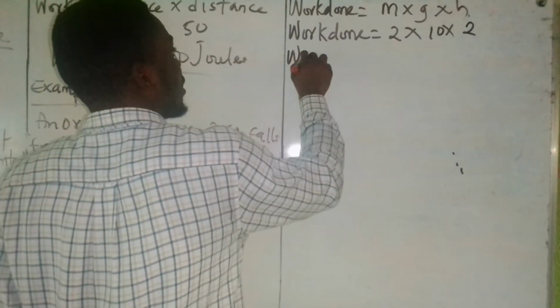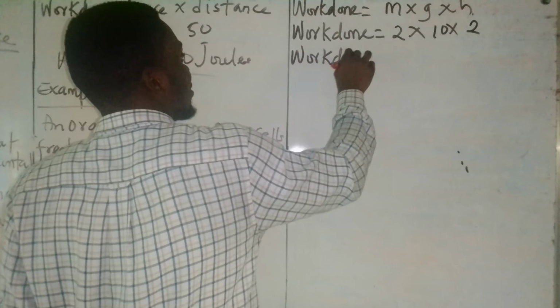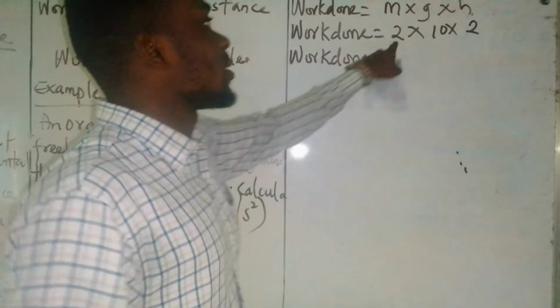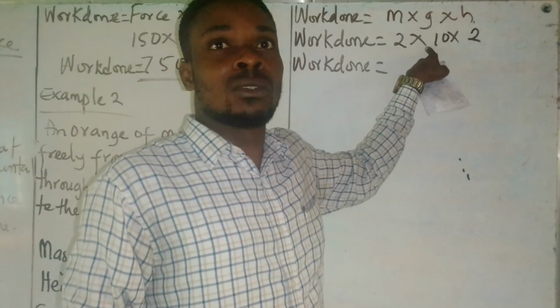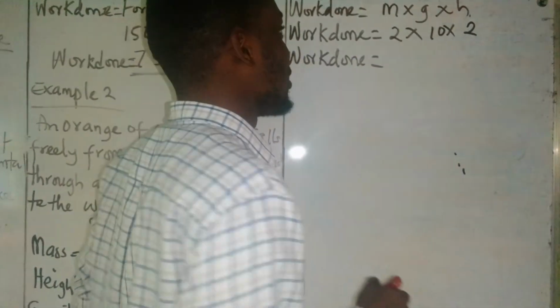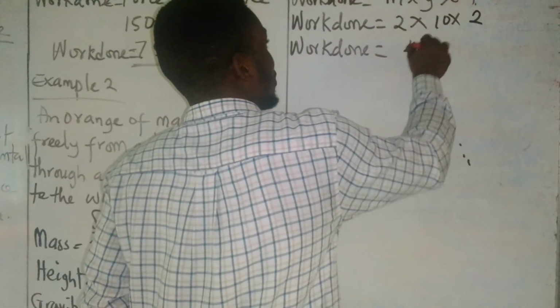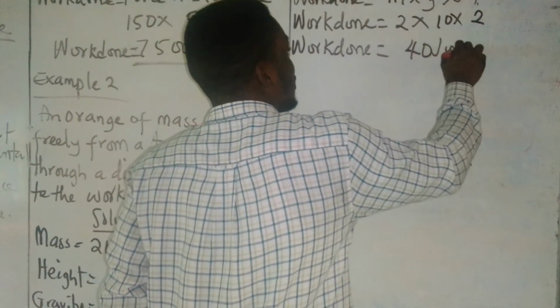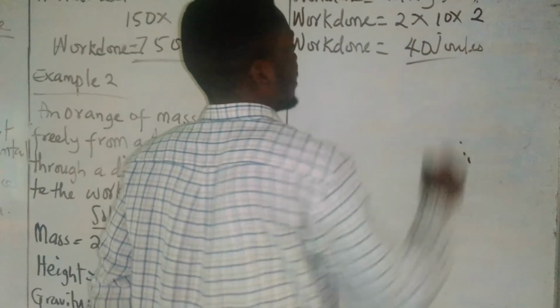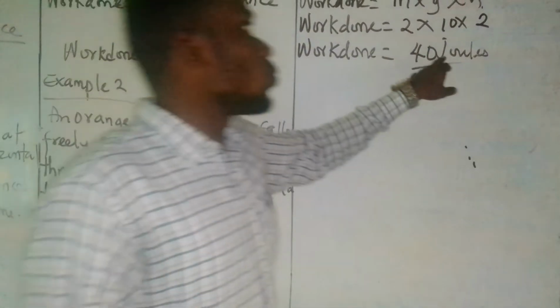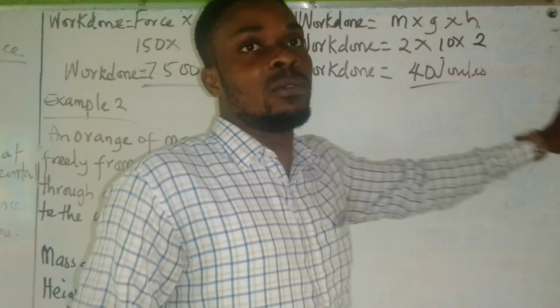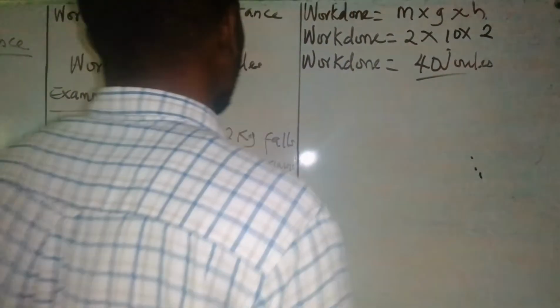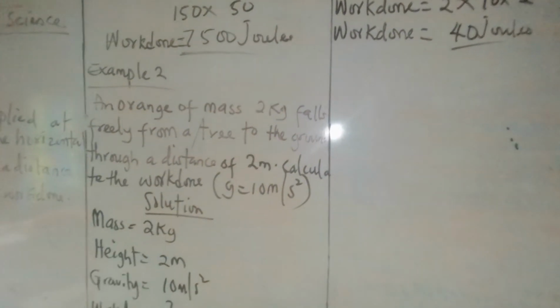So work done is 2 times 10, 20. 2 times 20, 40. So the work done is 40 joules. You can put J only or you spell it in full, please. 40 joules, that's the work done.